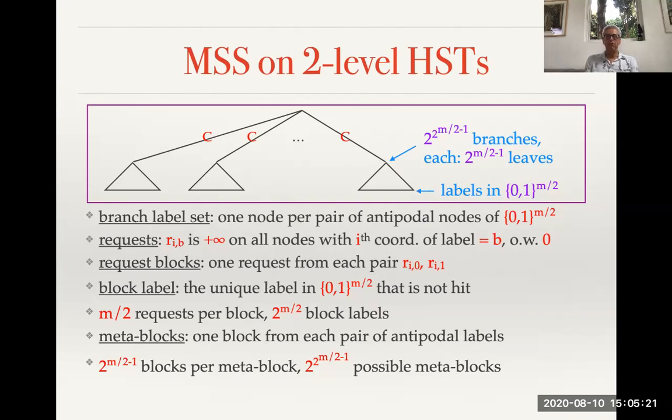So all the leaves whose label has the bit B in its ith coordinate are going to be hit by the request RIB, and the other nodes are going to pay 0.